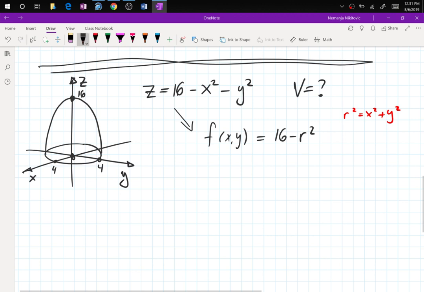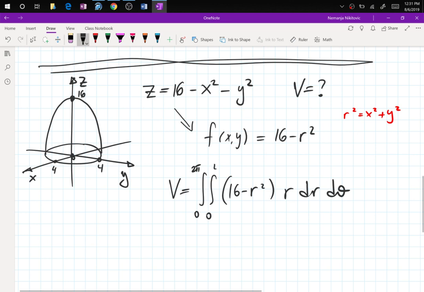And if I want to find the volume, I have the double integral. The function 16 minus r squared goes in here. Then I have r dr d theta. I want the full shape. I can cut out a wedge of this if I want to, but we just want a full shape, going all the way around.